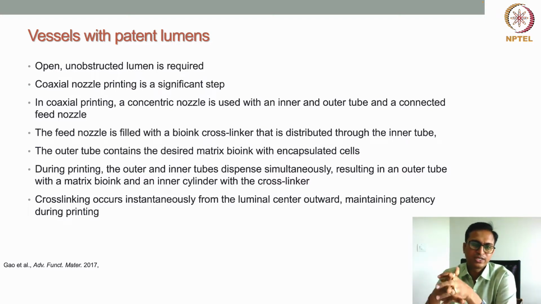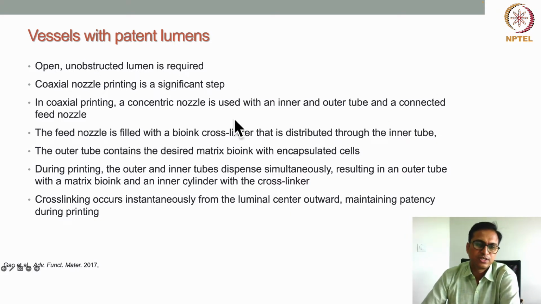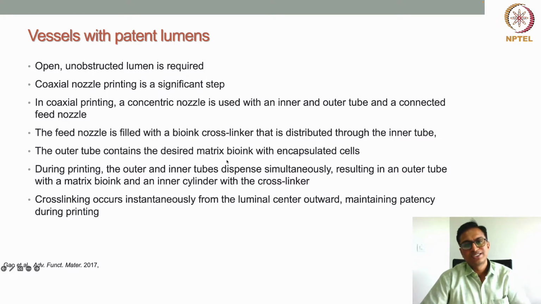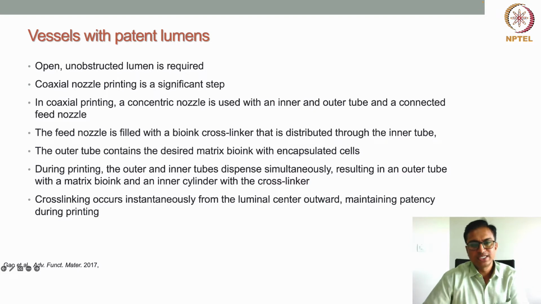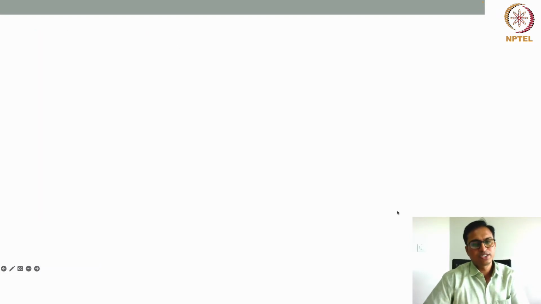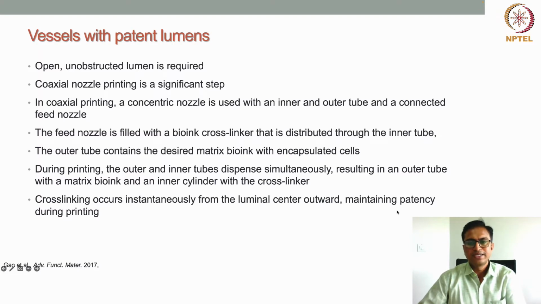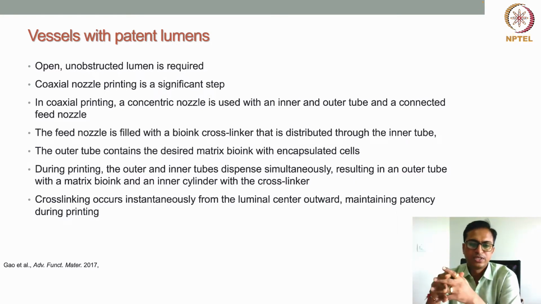There are a few groups who have actually worked on this, where the concentric nozzle has been used for the same purpose. The inner tube distributes the bioink crosslinker, and the outer tube contains the desired matrix bioink with encapsulated cells. During printing, the outer and inner tubes dispense the material simultaneously, resulting in the outer tube with a matrix bioink and the inner cylinder with the crosslinker.